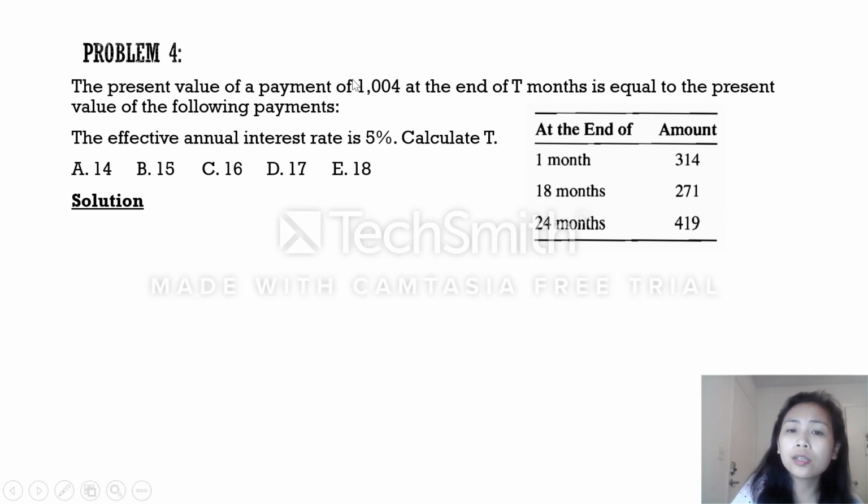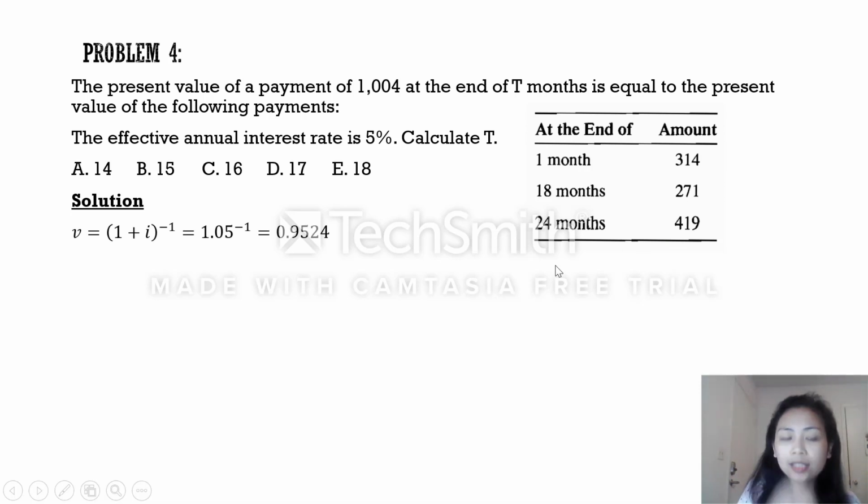So look at the single payment, $1,004 at time t, bring to time 0, it should be 1,004 times v to the t. 314 at time 1 will be 314 times v at time 1, and similarly for 271, 419.